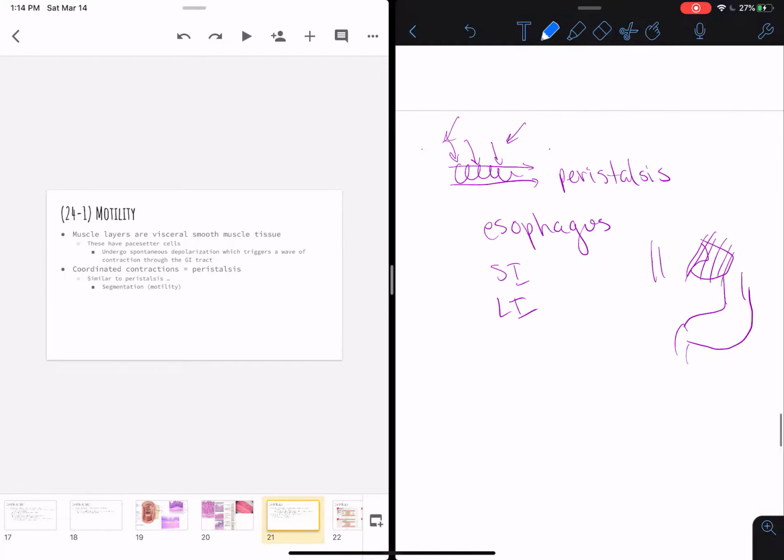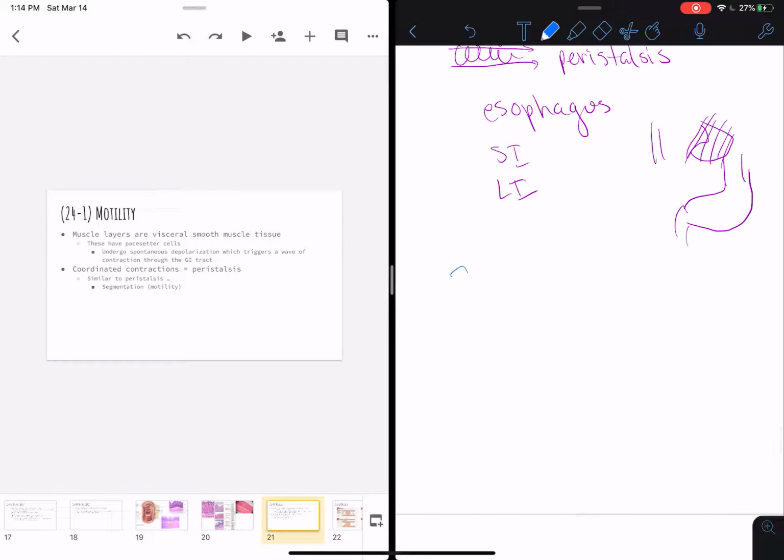Now we have to introduce another thing called segmentation. Segmentation is different. Peristalsis is moving things down the tube, but segmentation is focused on constricting portions of the muscle in order to keep things there for a second.